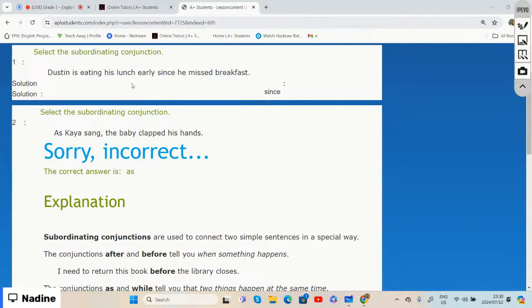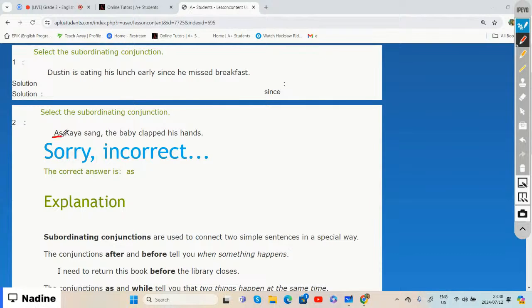All right, if we were to choose the correct subordinating conjunction, we're going to say as. Yes, well done. As is correct. And remember, subordinating conjunctions are used to connect two simple sentences in a special way.